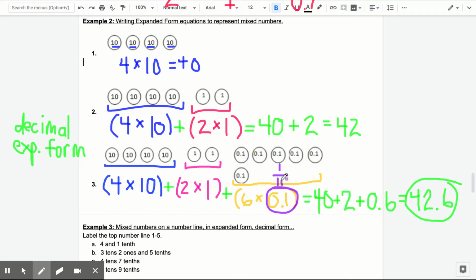That's the only difference here. That the tenths, and tomorrow when we get to the hundredths, you would see it written as a fraction rather than as a decimal. That's the only difference. Everything else is going to be the same. Your whole numbers in your tens place and your ones place won't change because they're whole numbers, so it doesn't affect them. Just something to remember.